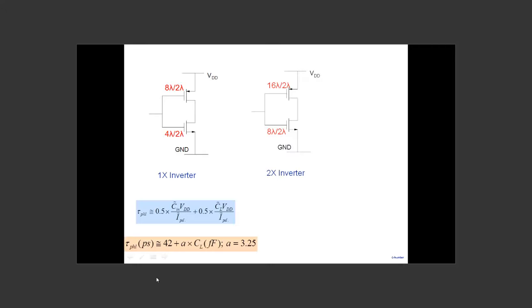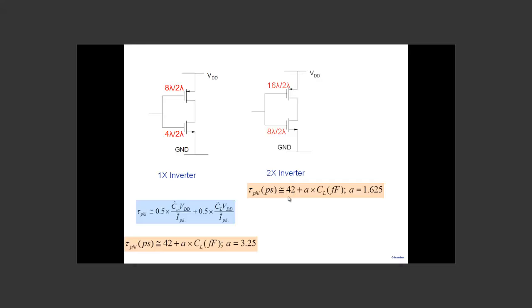The intrinsic delay would remain the same. Because I've doubled this, so current would double, capacitances would also, let's say, double, so intrinsic delay would remain the same. So if I were to write an expression like this for this one, it would be the same 42. Again, I'm reminding you, this will not be exactly 42. It will change, but roughly, let's say 42.